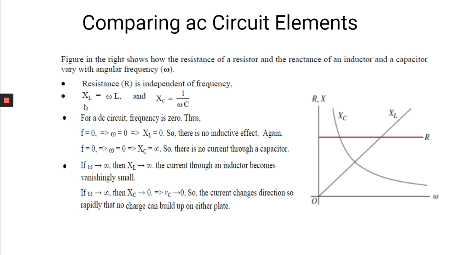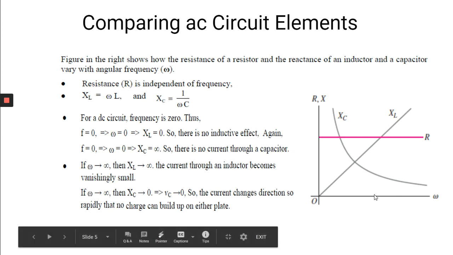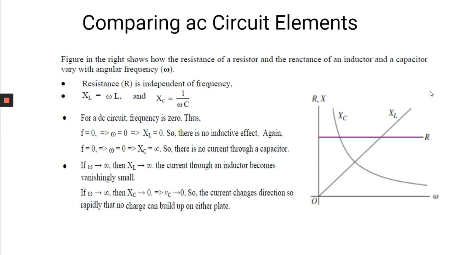As already mentioned, XL is equal to omega L. So XL is directly proportional to omega for a particular inductance value, which means it is a linear function of omega. When you draw a graph, it is a straight line passing through the origin. When omega increases, XL increases linearly.